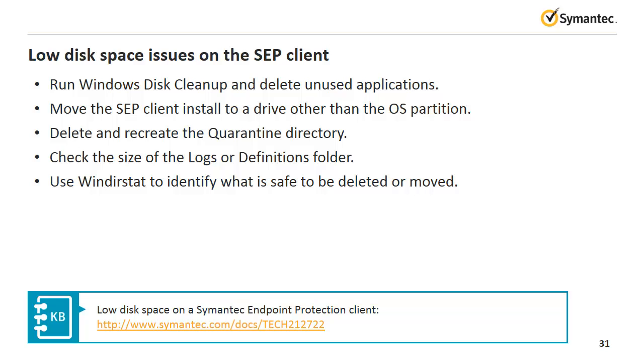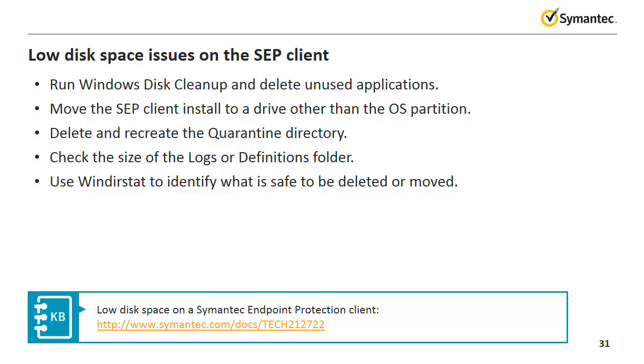Before troubleshooting a disk space issue on a SEP client, it's important to know which drive is running low on disk space and which folder is using the highest amount of disk space on the drive. You can use WinDirStat to identify which part of the drive is using up space, and also run Windows Disk Cleanup and delete unused applications.